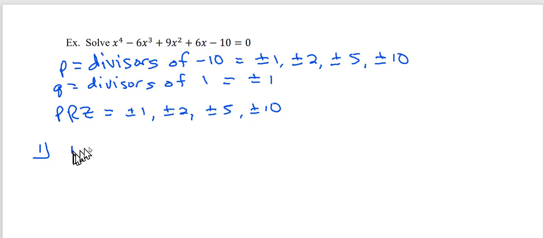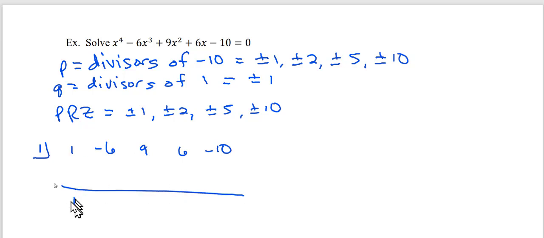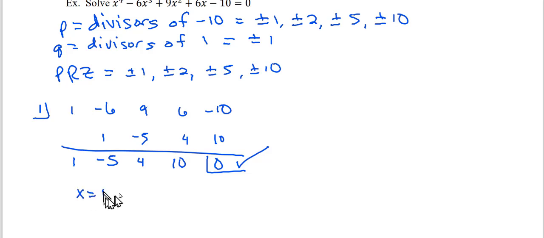Let's try one. I'll try to skate through this as quickly as I can here. 1 comes down, multiply, add, multiply, add, multiply, add. Oh yeah, check, that's good. That means x equals 1 is a 0 and x minus 1 is a factor.